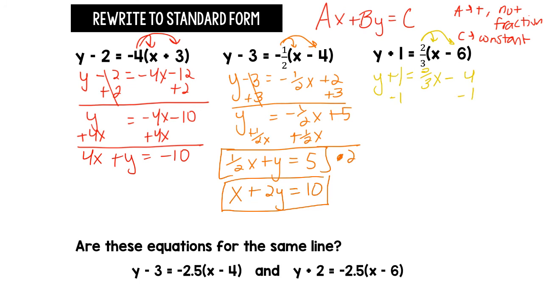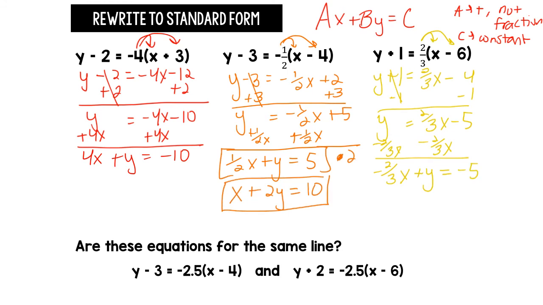Subtract 1. We've got y equals 2/3 x minus 5. We want x and y to be together, so we're going to subtract 2/3 x from each side. So negative 2/3 x plus y equals -5.